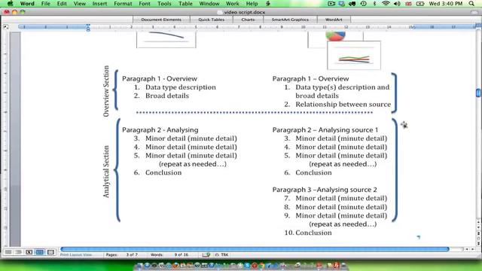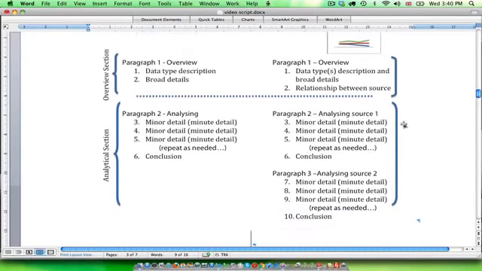The second part of this response is also very similar to single data source structure, in that the second paragraph will deliver the minor detail, minute detail, minor detail, minute detail of the first data source that you are given.